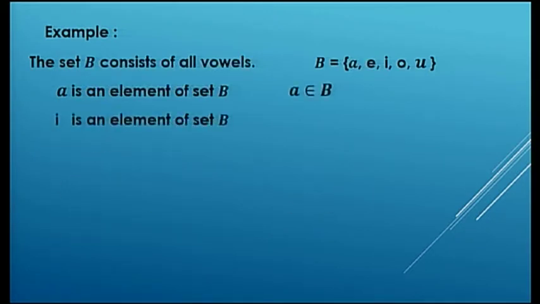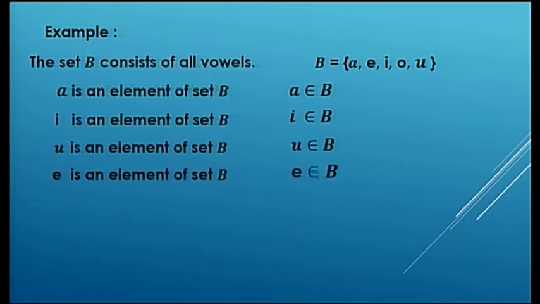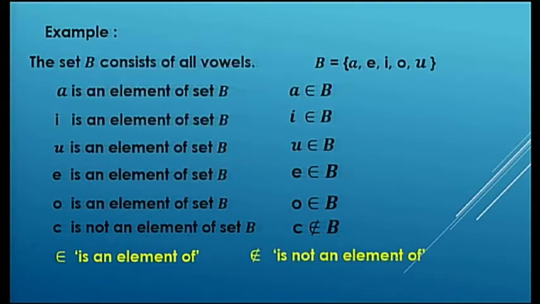I is an element of B. U is an element of B. E is an element of B. O is an element of B. But C is not a vowel. So C is not an element of the set B. Remember that we use this symbol for is an element of, and this one for is not an element of.